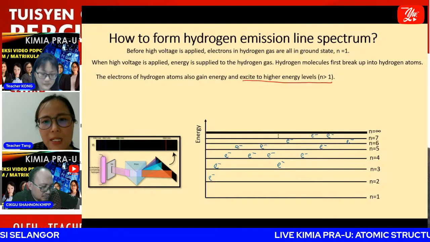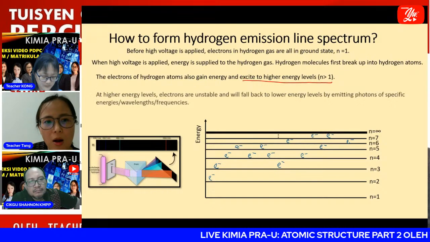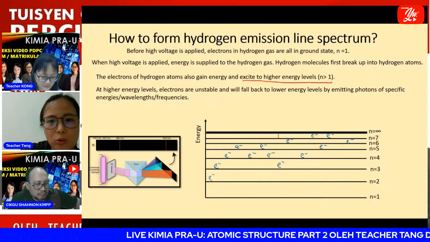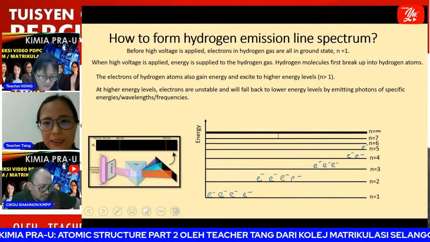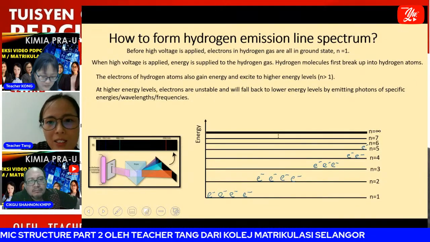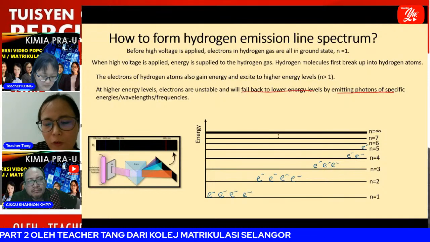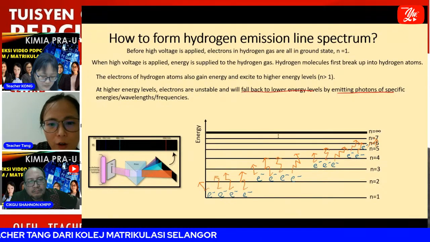So what will happen is they will fall back to a lower energy level. When they fall back to a lower energy level, they will emit a photon.